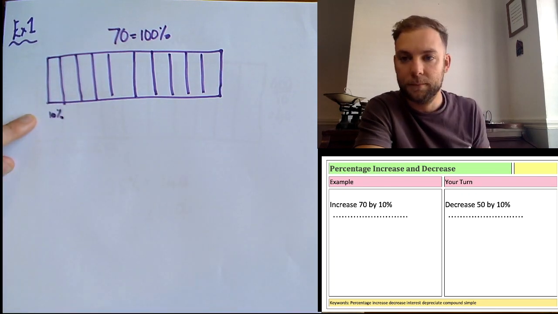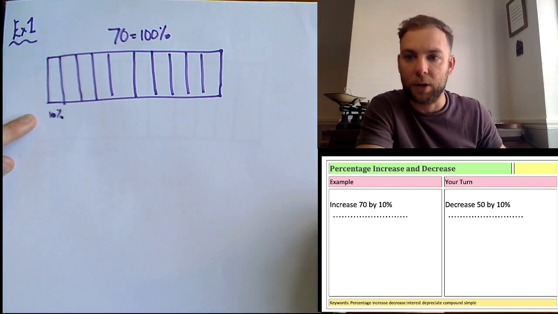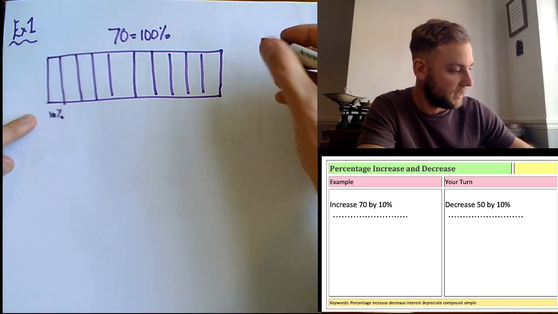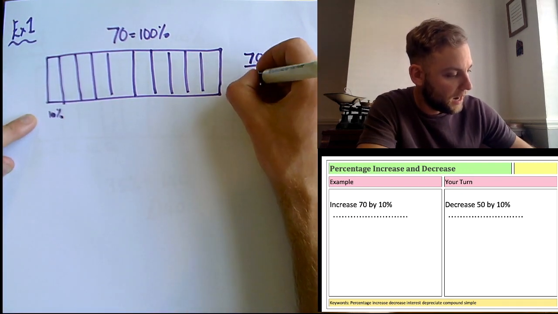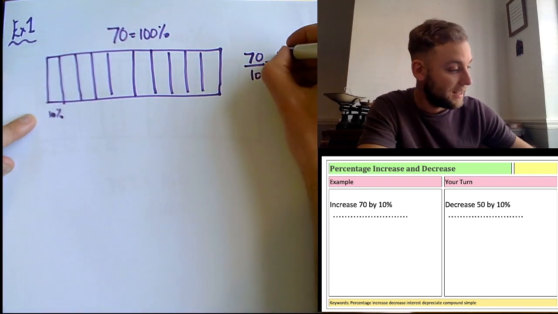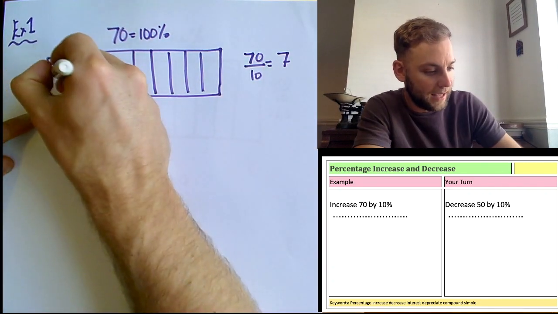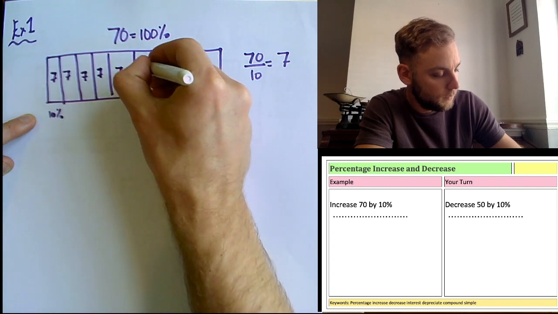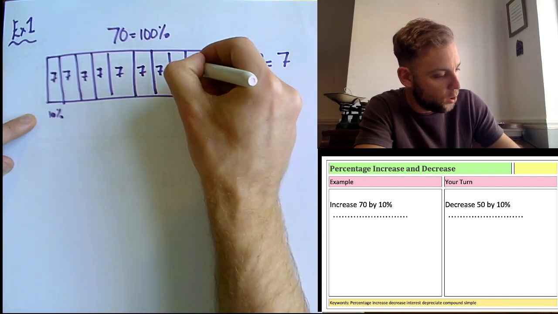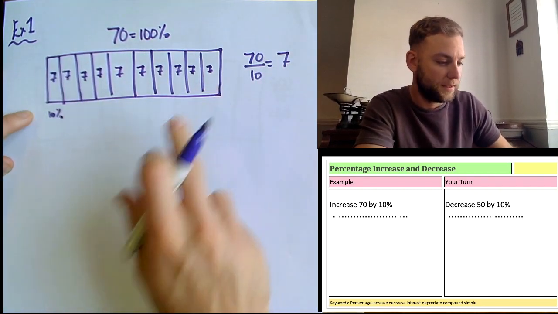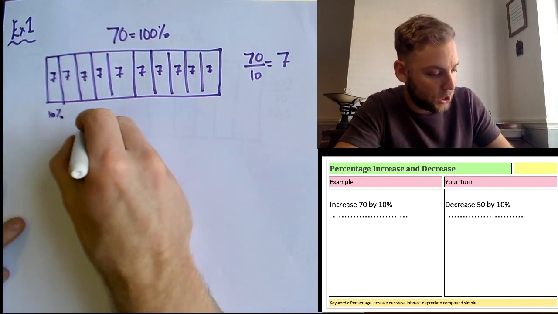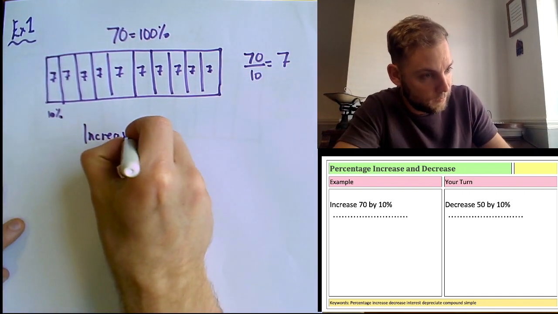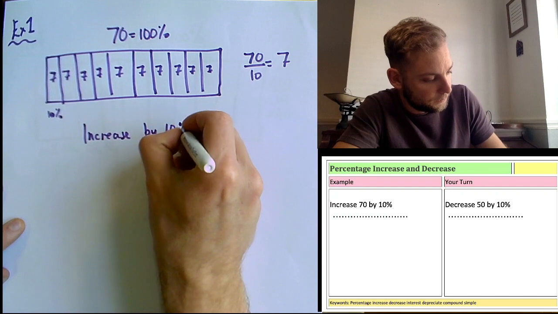We know that. Okay, so first of all, I'm going to work out what one of these is by doing 70 divided by 10, which is equal to 7. So I know now that each of these are worth 7. So remember that this is worth 100%. Now the question says increase by 10%.